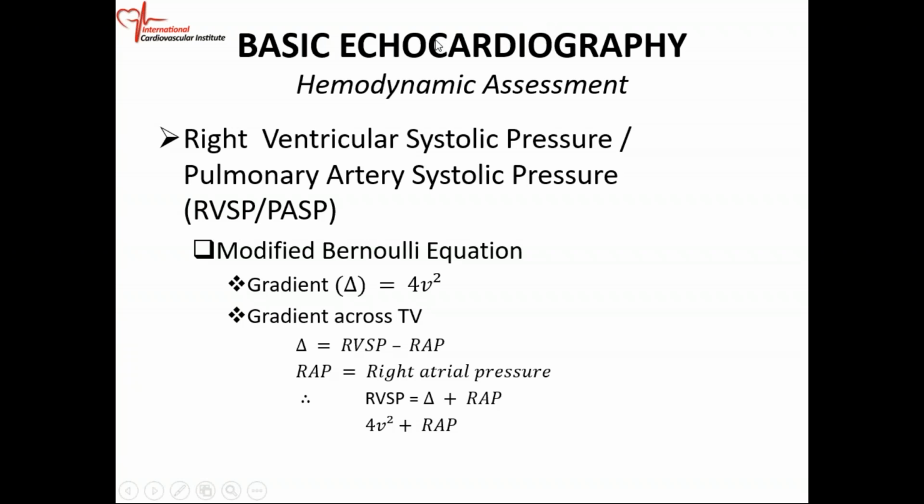So that pressure gradient, the difference between the right ventricular systolic pressure and the right atrial pressure, is equal to the TR velocity, and you square it. That's what the modified Bernoulli equation tells us: TR velocity squared. Okay?